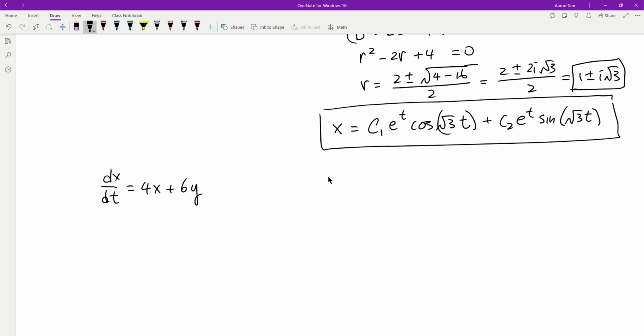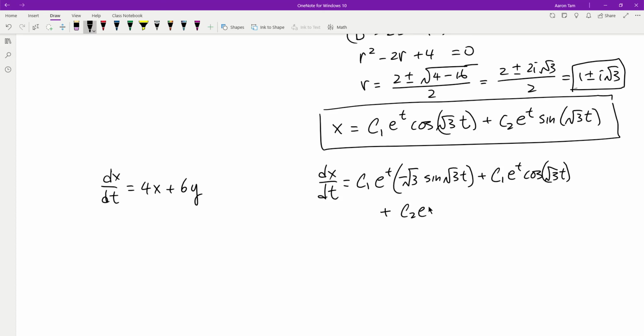So what is dx over dt, or x prime? That would be c1 times the derivative of e^t and the cosine term, plus c2 times the same.